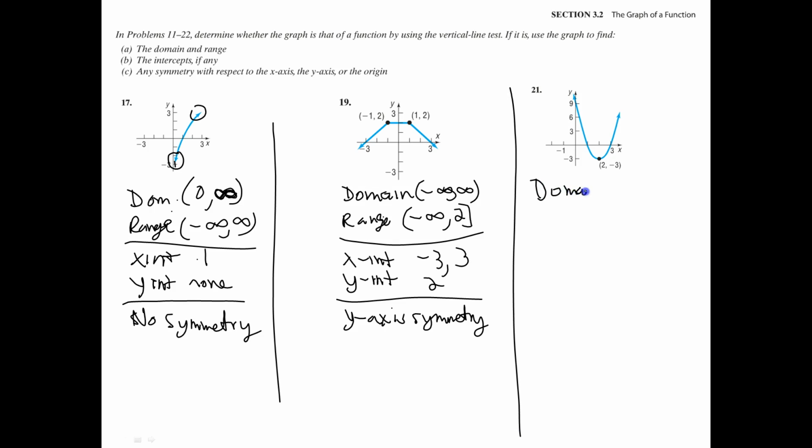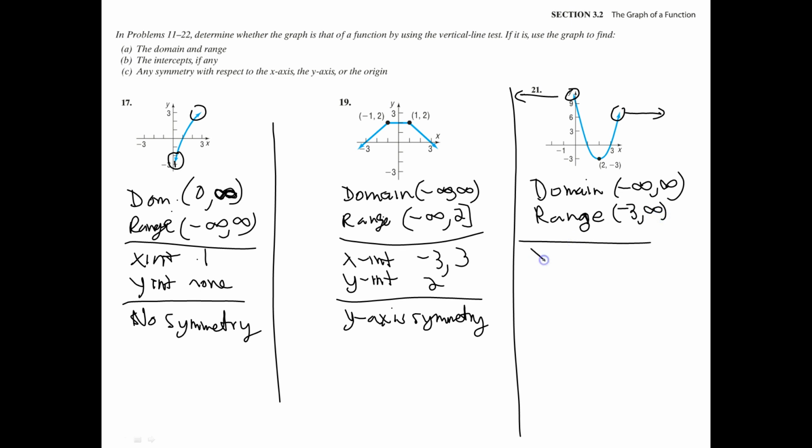Okay, 21. Domain would be all real numbers, -infinity to infinity. We're allowed to use all. This thing goes on and continues in that direction, and in that direction. And it's a polynomial, a parabola. You get to use everything. There's nothing restrictive there. And the range, we get a low point of -3 and then it goes on forever to infinity.